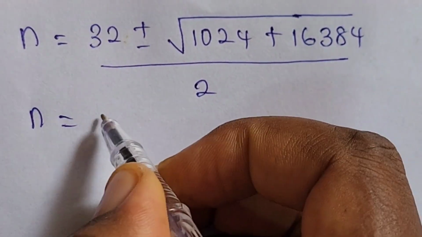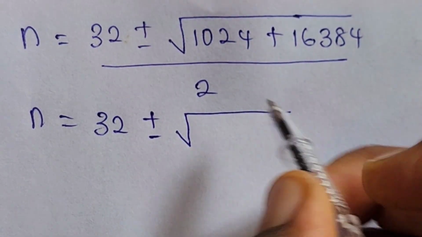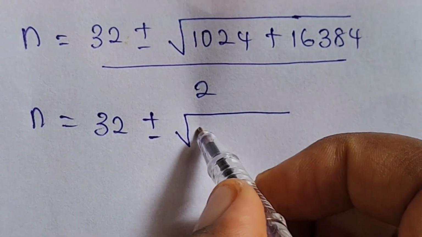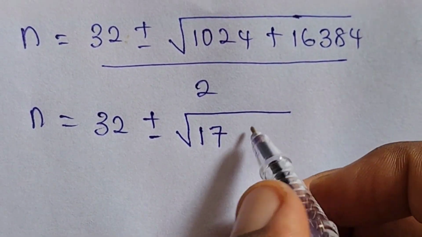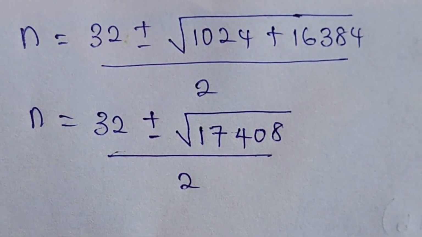So we have n to be equal to 32 plus or minus, adding this up, we have 17,408 all over 2.